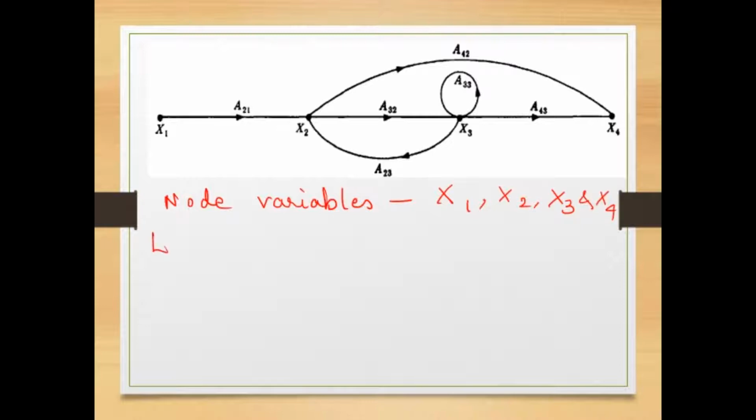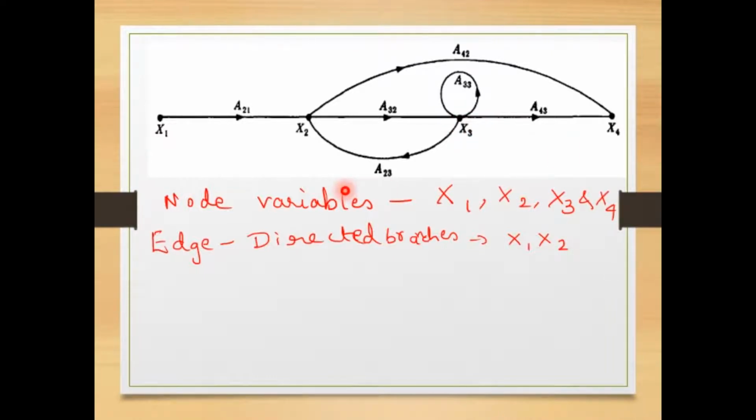Next we have the edges, or the directed branches. The directed branches: we have x1 to x2, that is one of the directed branches. Similarly, we have a directed branch from x2 to x3, a directed branch from x2 to x4, and a branch from x3 to x4.